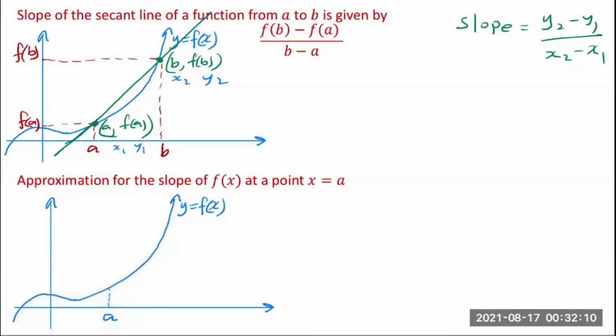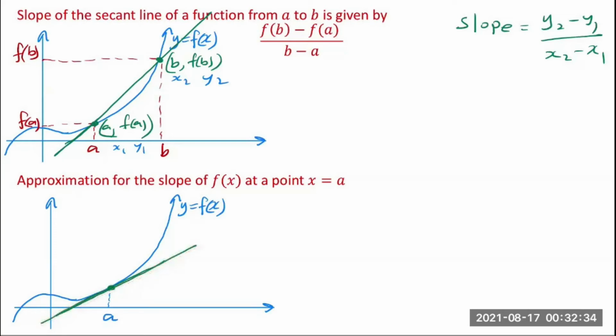First of all, what do you mean by the slope of the function at x equals a? That is the slope of the tangent to my function at x equals a, right? That is the slope of this line, this tangent line at x equals a.